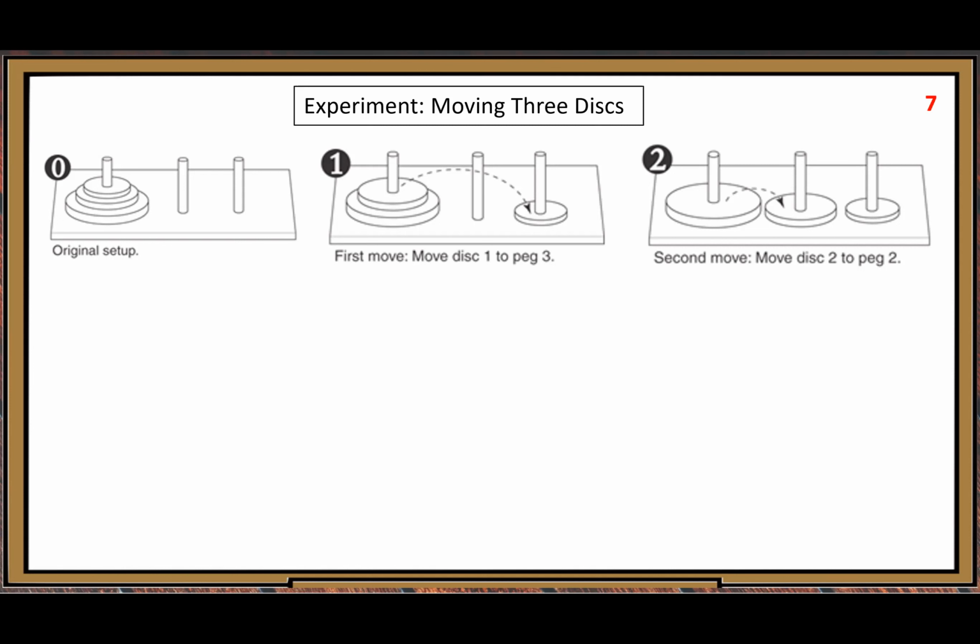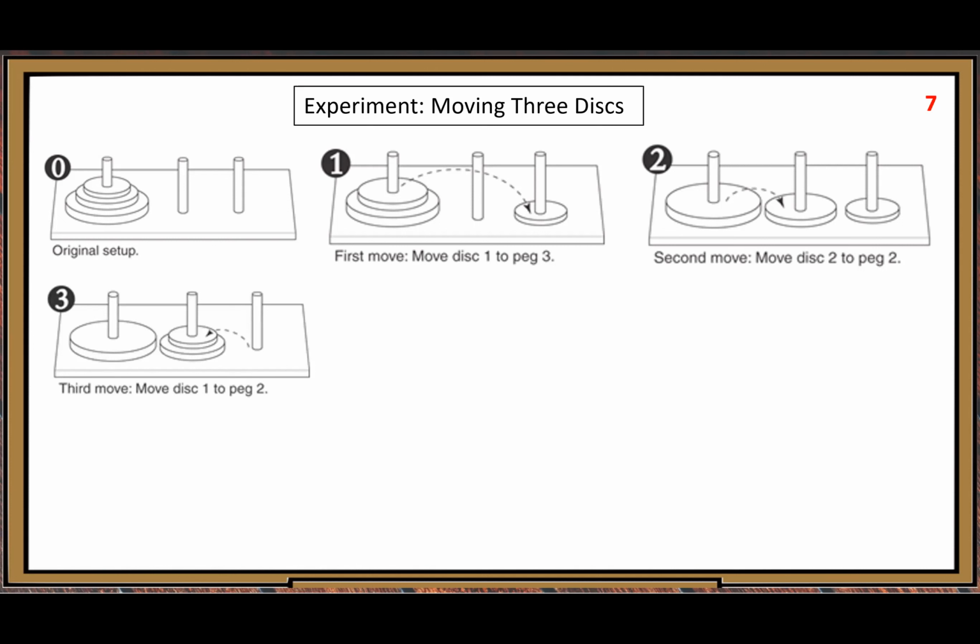Then after that, you cannot move the bottom, largest disk anywhere, right? But you can move the smallest disk back to the middle peg. Try to make an empty peg for the largest disk. You need to make some room for the largest disk.